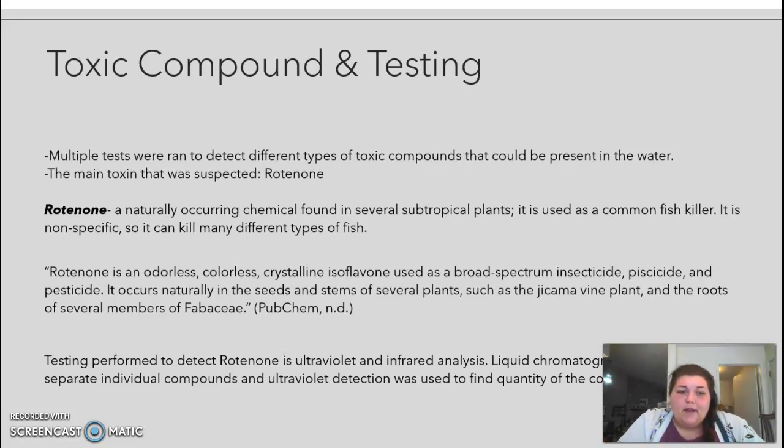And then the testing that you would perform to detect rotenone is ultraviolet and infrared analysis. So liquid chromatography was used to separate individual compounds, and then we used ultraviolet detection to find the quantity of the rotenone that was present.